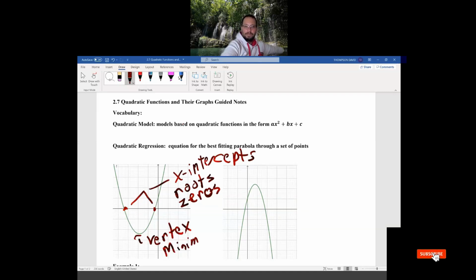And this right here where it touches the y-axis is the y-intercept. Keep in mind, for an x-intercept the y value is 0. For a y-intercept, the x value is 0. Similarly, for this graph, we have our two x-intercepts and our y-intercept.